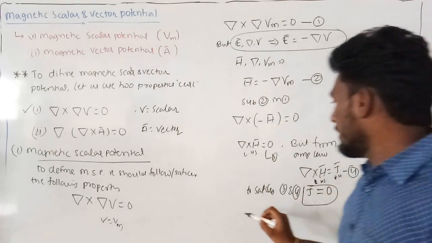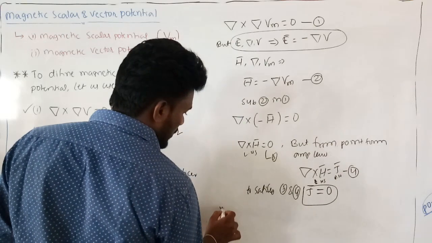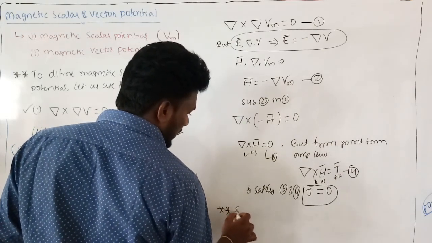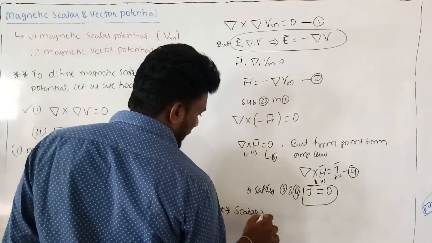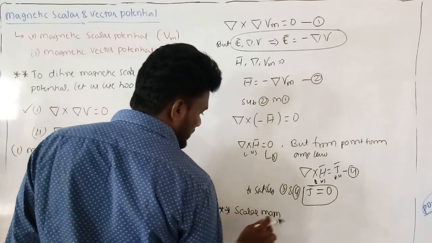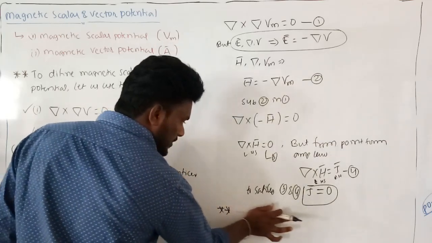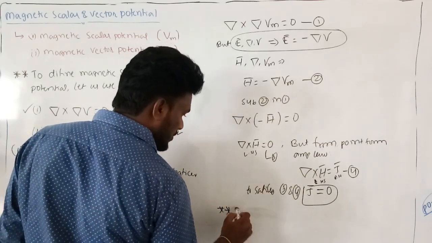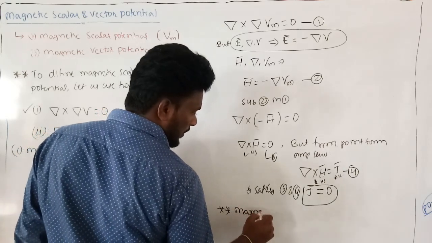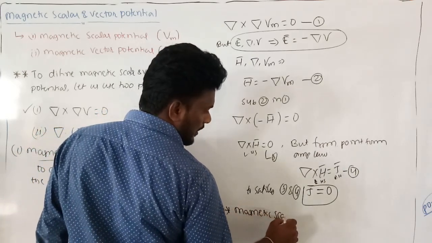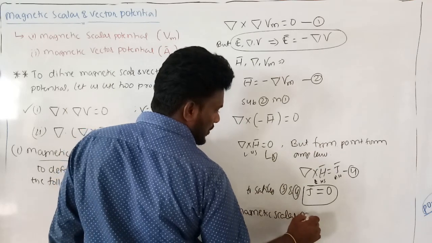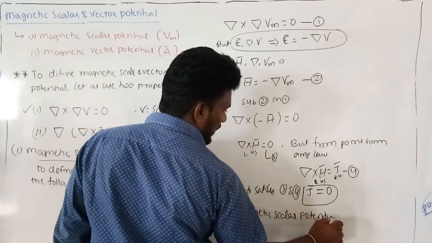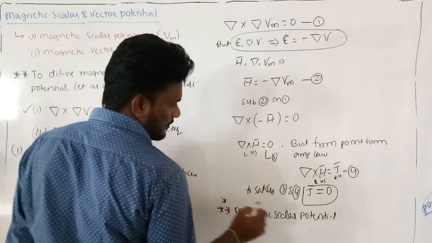That means the scalar magnetic potential. So finally, the conclusion here: scalar magnetic potential or magnetic scalar potential, both are the same. Magnetic scalar potential is an important point, this one.